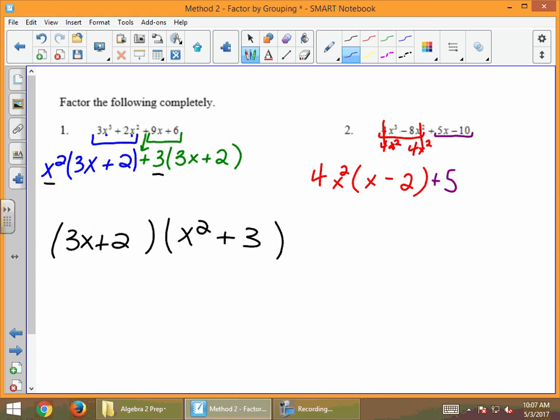Do they share an x? No, 10 doesn't have an x. So we should divide by 5 as well, but we already know what's going to be in that parenthesis. X minus 2. They should be the same. Just double check ourselves. 5 divided by 5, those 5s cancel out. X drops down. It's a negative. 10 divided by 5 is 2. It's good.